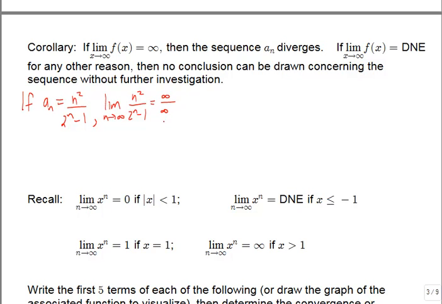So if we investigate it, we'll notice that this is one of those indeterminate forms that we can use with L'Hopital's rule. L'Hopital's rule says if you have anything of the form infinity over infinity or 0 over 0, then what you can do to find the limit is to take the derivative of the numerator, which in this problem would become 2n, and take the derivative of the denominator.